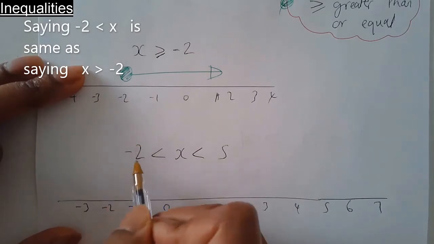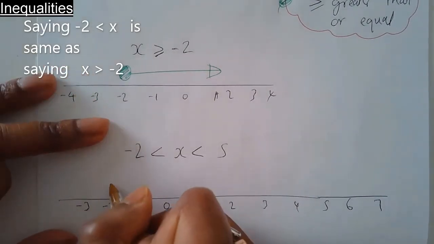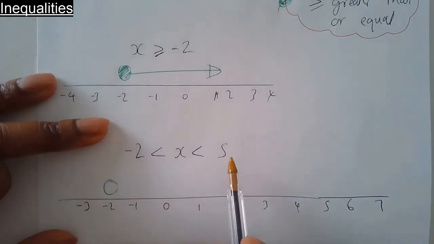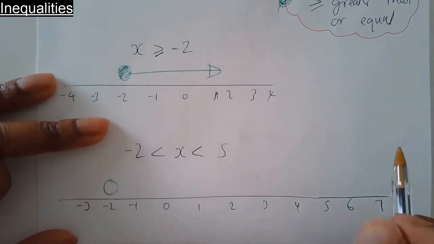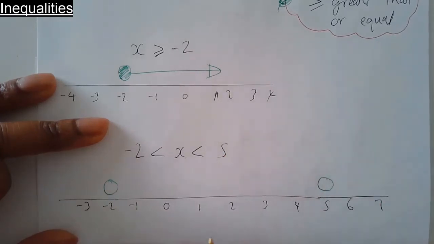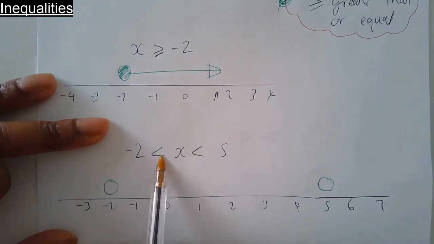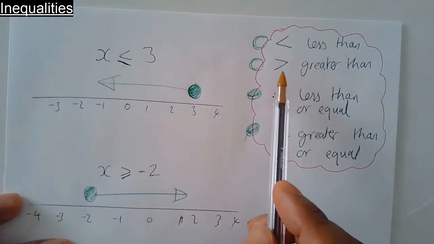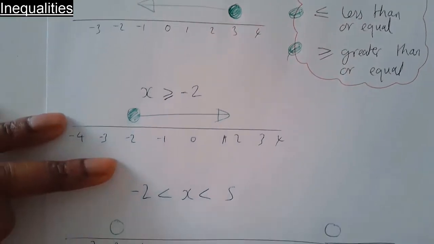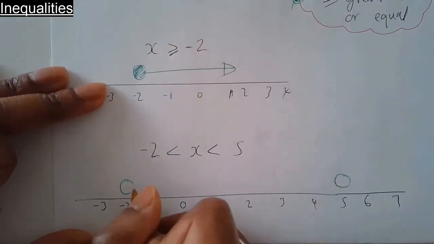So when it's -2, put a circle on top of it. Where there's a 5, put a circle. And because it's these symbols here, it's going to be hollow. What you're going to do now is join these two circles up.